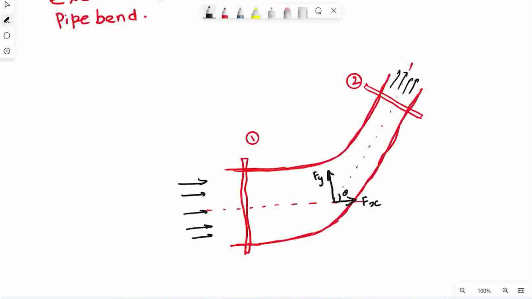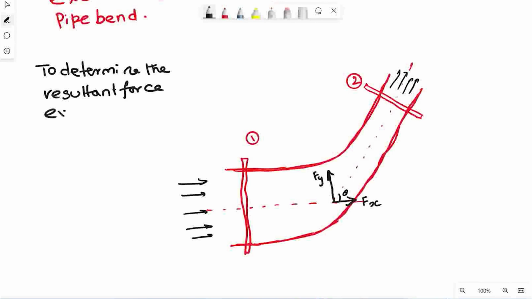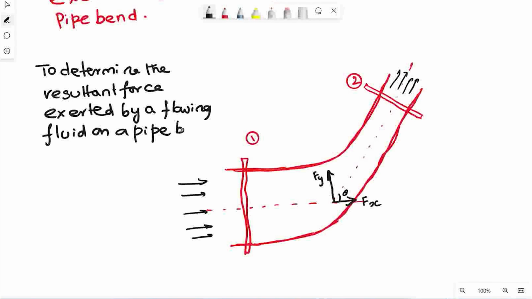So now in order to solve the problem, to determine the resultant force exerted by a flowing fluid on a pipe bend, this is our problem.